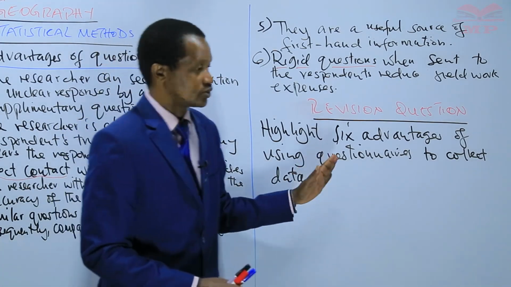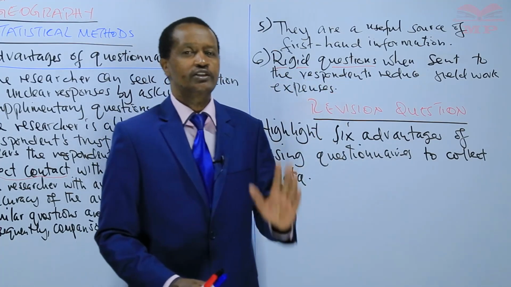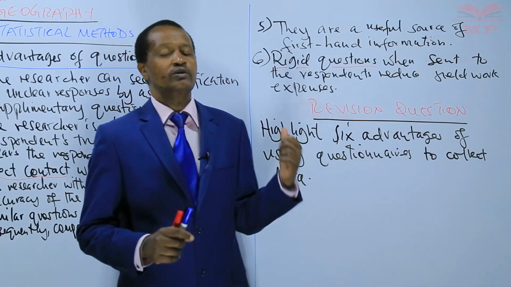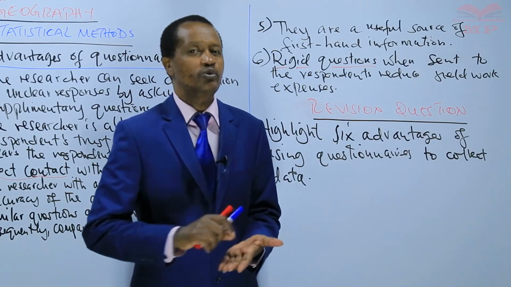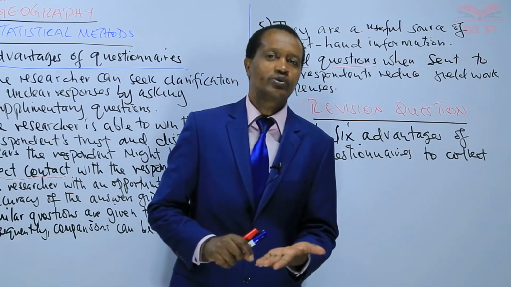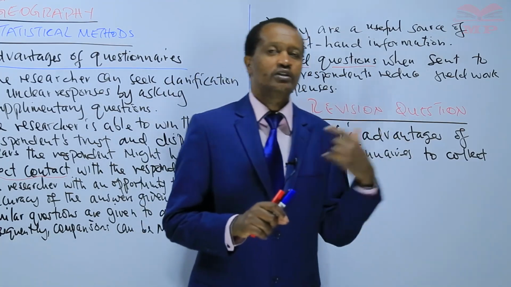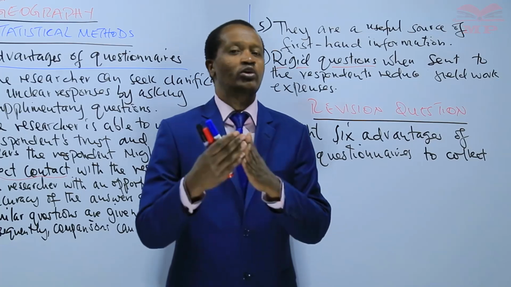Learners, when answering this question, please close your exercise books, close the video, and try to recall from your memory what we have learned in our today's lesson. Test your recall by answering this question without referring to your notes. Only go to the notes after you have attempted to answer the question on your own.